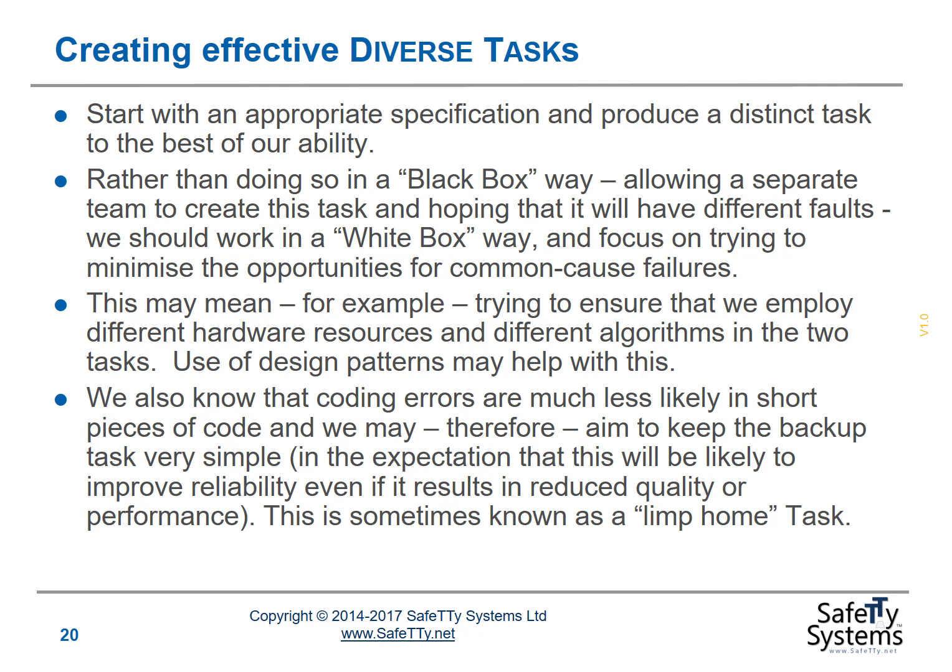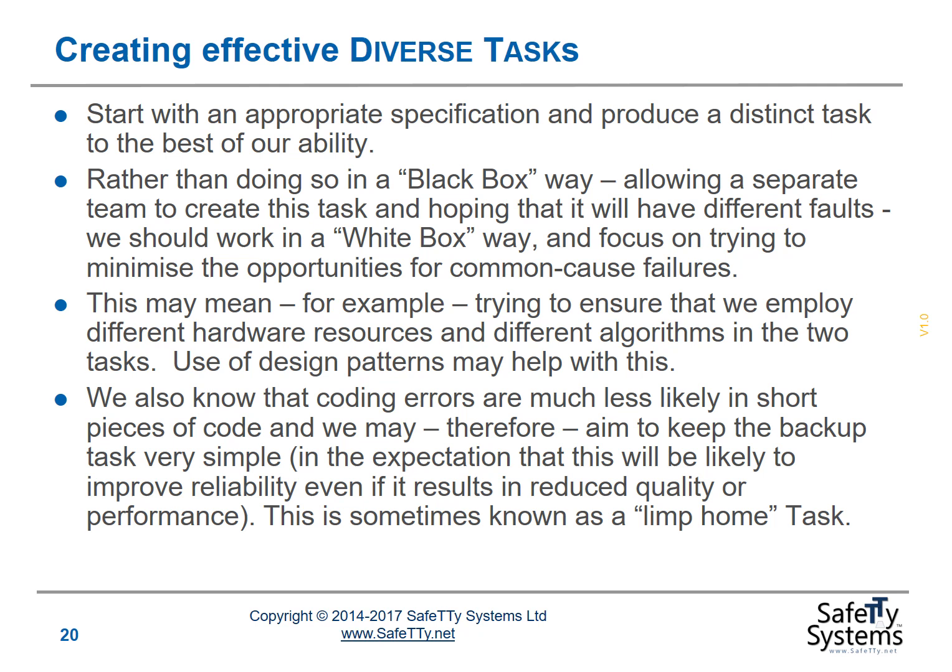So effectively, n-version programming says, have two teams, each create a task from the same specification, don't have the teams talk to one another, keep the teams apart, and just hope that the two tasks will be different. That doesn't generally work. So rather than doing that, we might have the same team produce the two tasks, but we do this in a white box way.